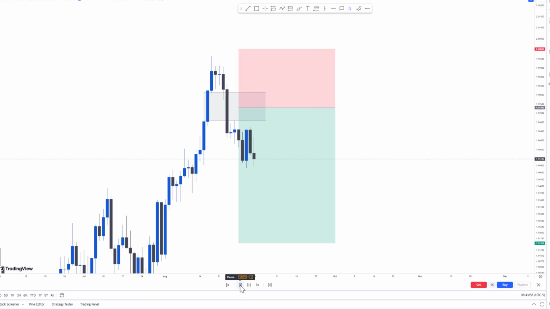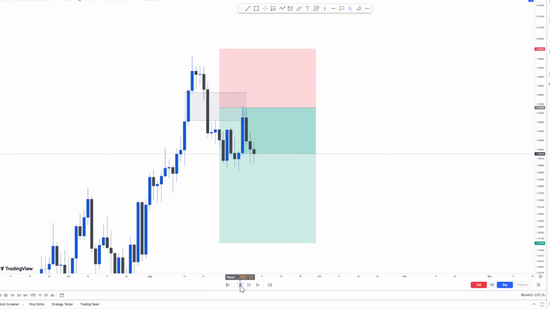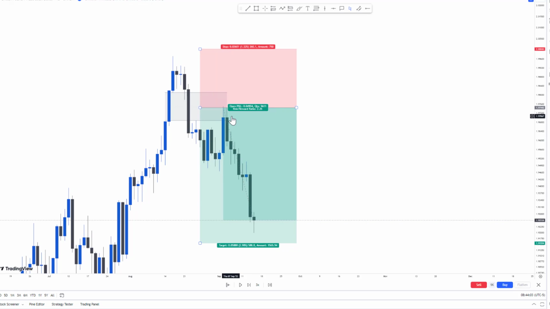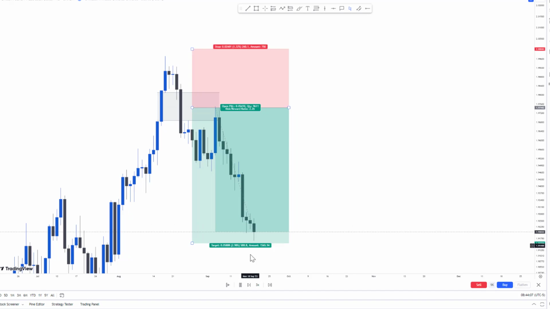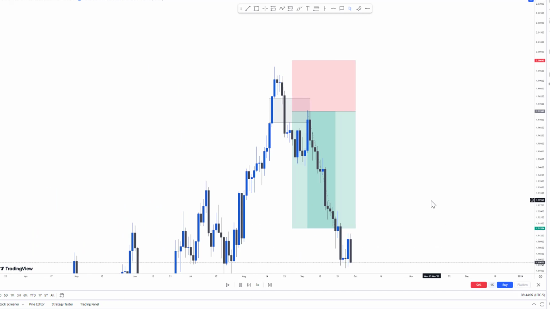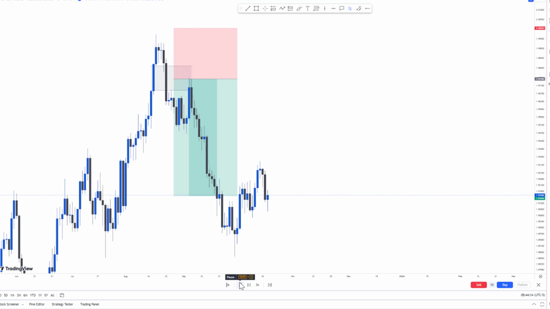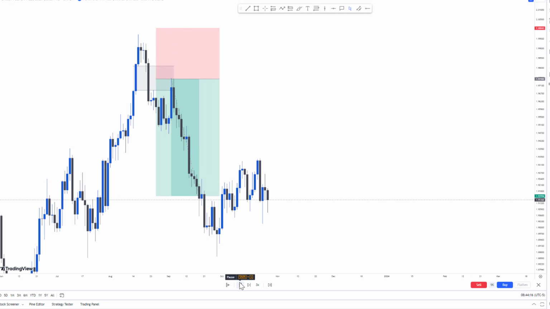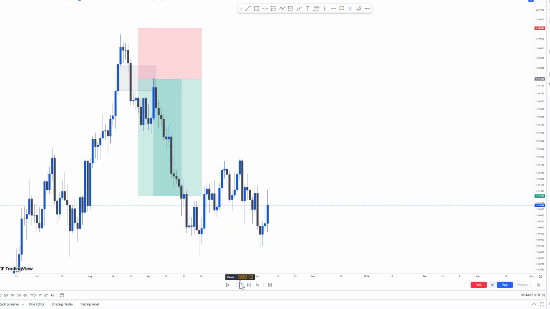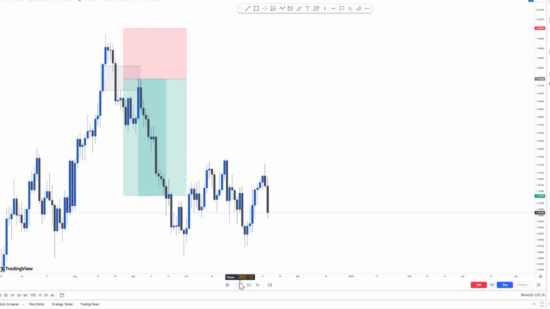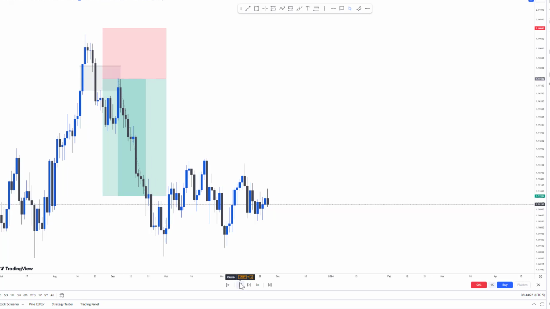Playing price forward, what you can see right here is now price comes back, taps in exactly at the 50% of this particular range, and now you see price reacts massively to the downside. So this is it about inversions, and like I said, this is a very profitable strategy which you can look to adapt and use in your trading style. Trading fair value gaps, it's actually profitable.